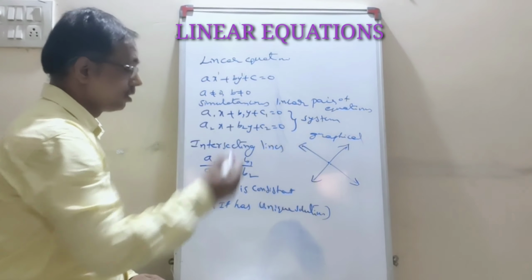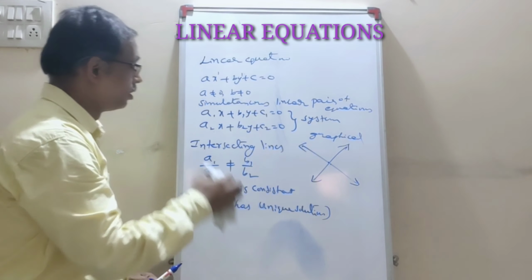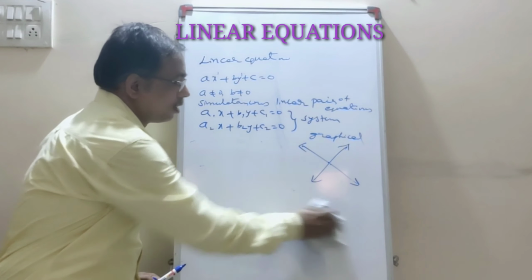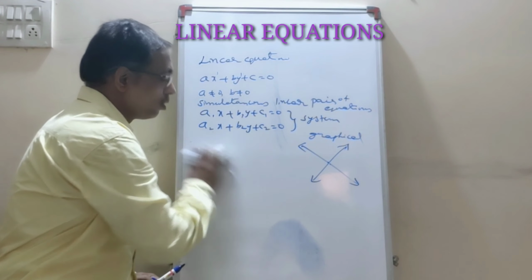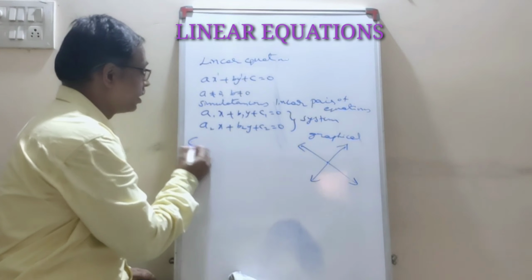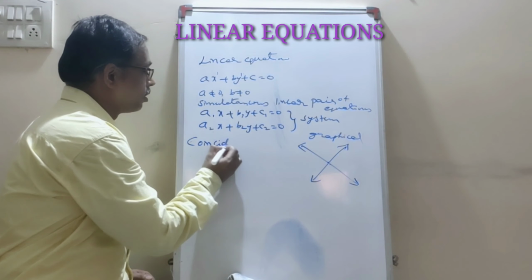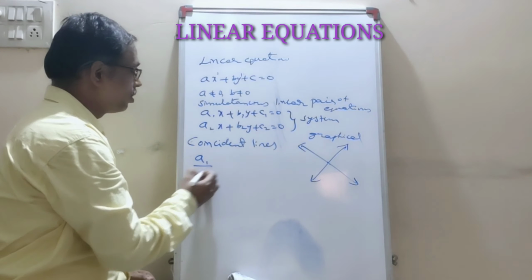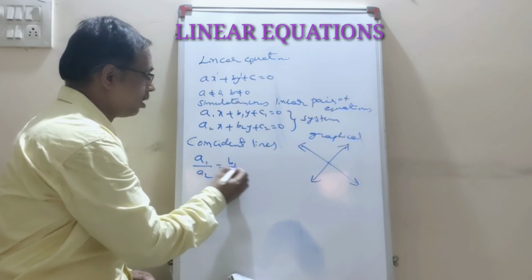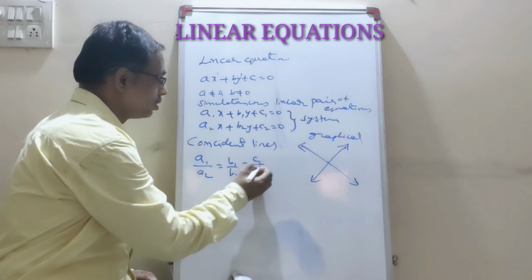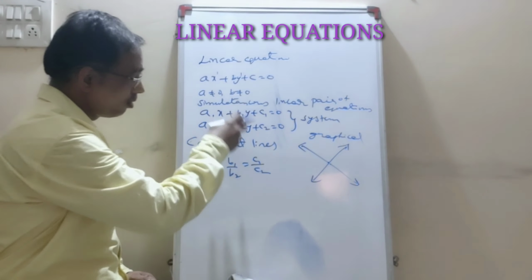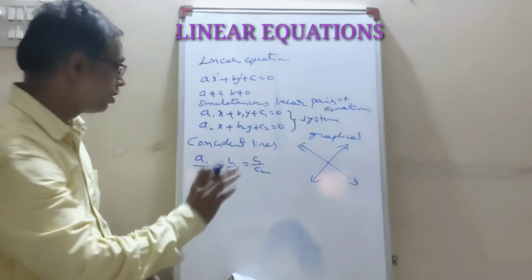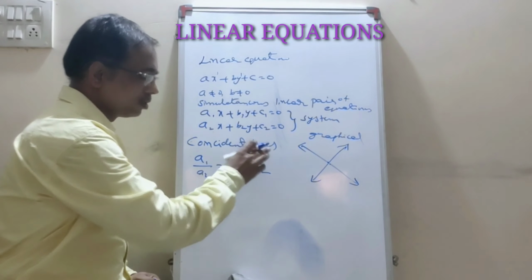Next, another nature is coincident lines. That means a1 by a2 equal to b1 by b2 equal to c1 by c2. In any type of nature you have to find all the ratios a1 by a2, b1 by b2, c1 by c2.